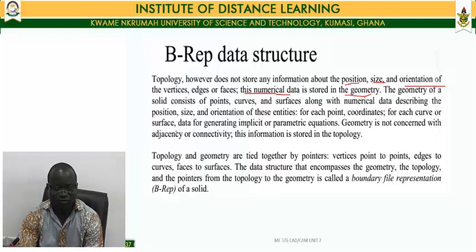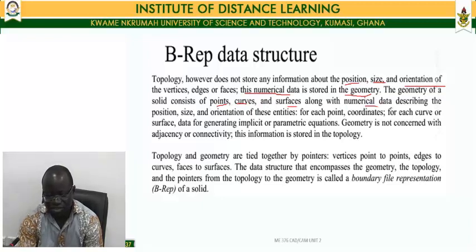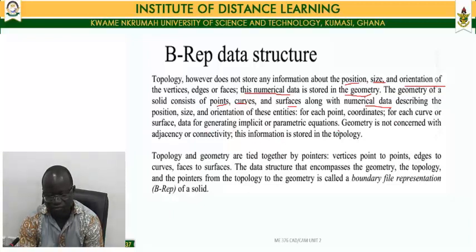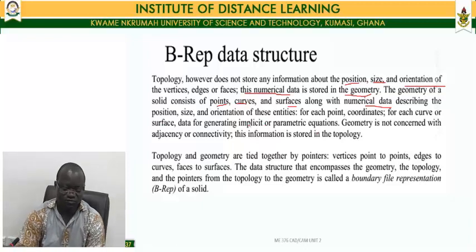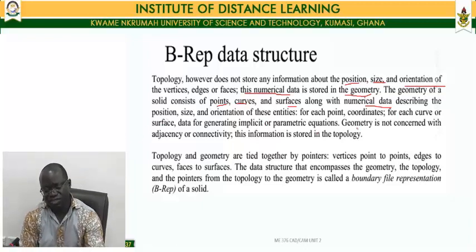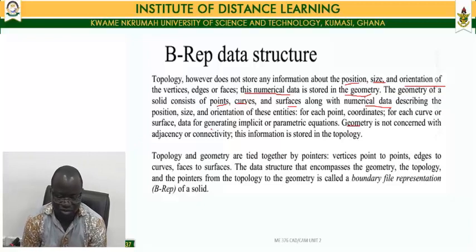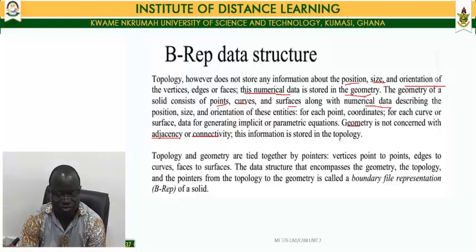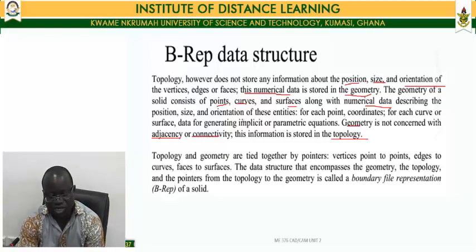For each curve or surface, the data for generating the parametric equations and everything will be stored in the geometry. But geometry also is not concerned with adjacency or connectivity. This is what you find in the topology information. So both topology and geometry structures are complementary in the BREP, the boundary rep. So topology and geometry are tied together by pointers.